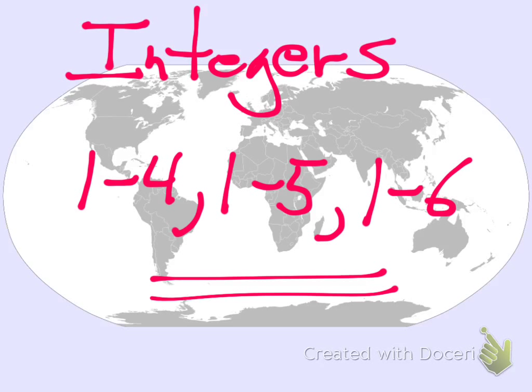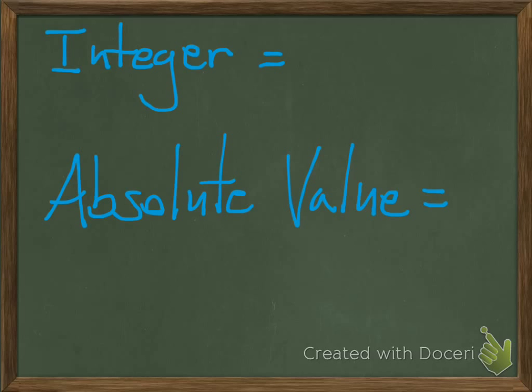Let's get started. So let's talk a little bit about what is an integer. An integer is a whole number that is either negative or positive, or it could be zero.